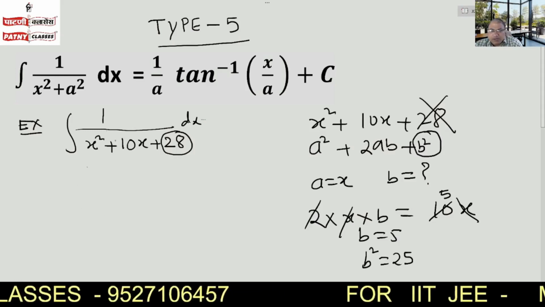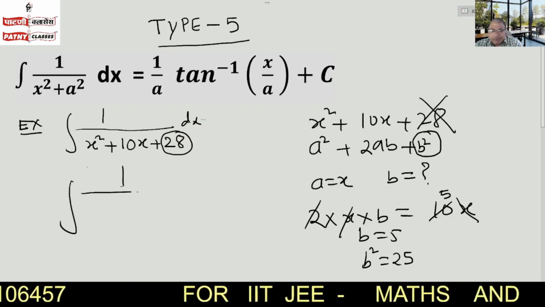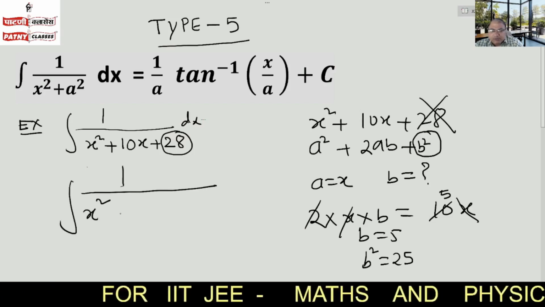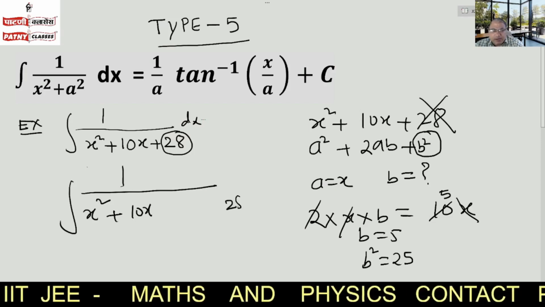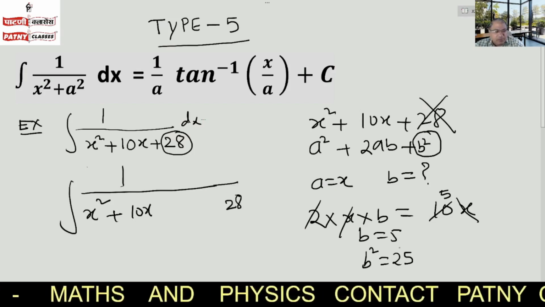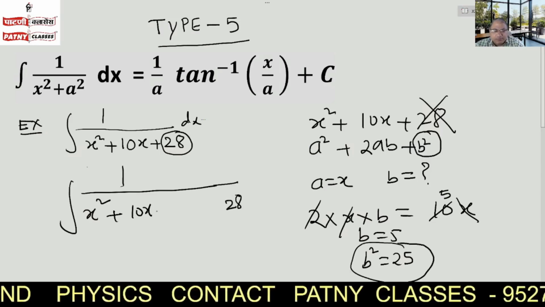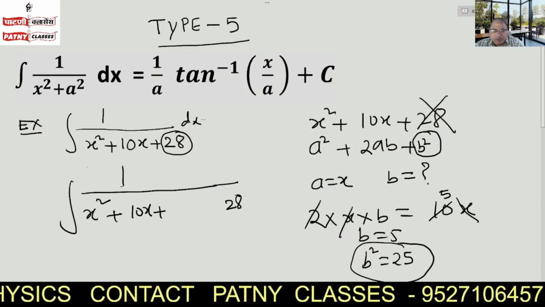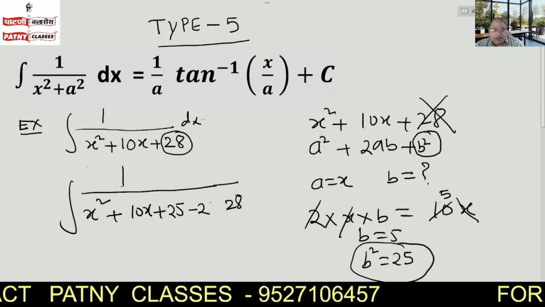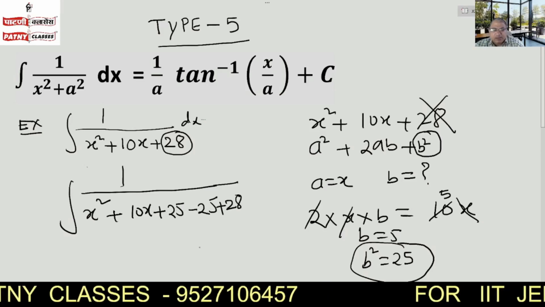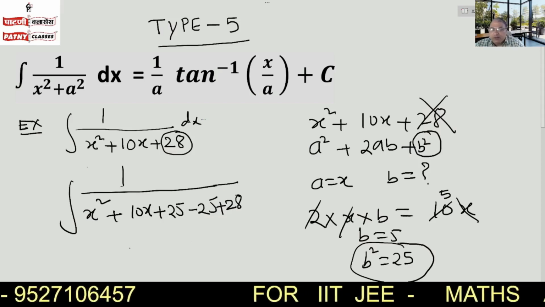To find the integration of 1 upon x square plus 10x plus 28, we write x square, we write 10x, and we write 28 a little far away. Now b square has come as 25, so write plus 25 first and after that write minus 25. That is adding 25 and subtracting 25.